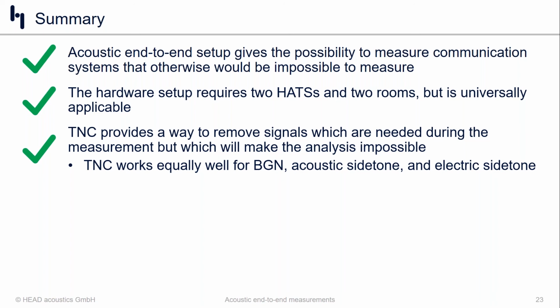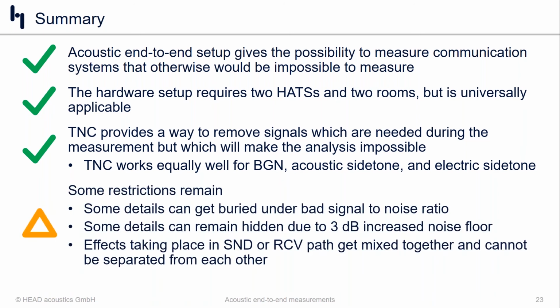so that we didn't have to go the route of using TNC. Now, the restrictions that we have, of course, is that as much as we try, there are still some details that do get buried in bad SNR situations. Sometimes we have details that get buried because of the increased channel noise floor, and that limits our ability to really differentiate between the super high-end products. And that's just the way the situation is.